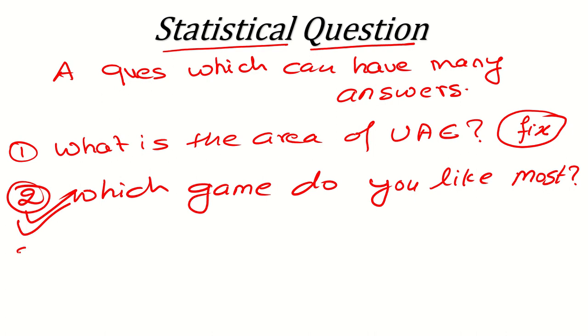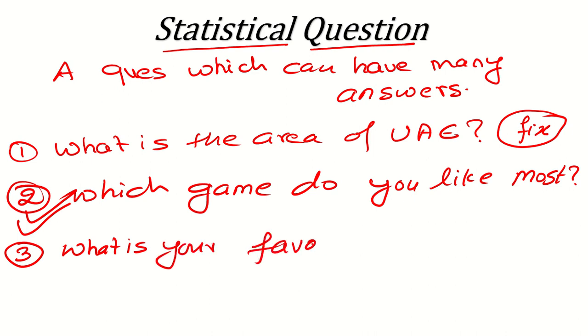Now I will request you to pause the video and ask a few questions to yourself or to your family members, like what is your favorite color? See whether they give you the same answer or different answers.